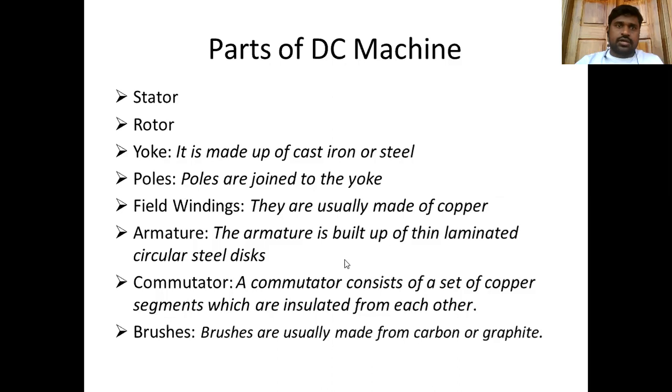Armature coils are connected to the commutator segments, and these are insulated from each other. And next, brushes. Brushes are made up of carbon and graphite. Brushes collect the current in the case of a DC generator, whereas in the case of a motor, they supply the current to the armature.